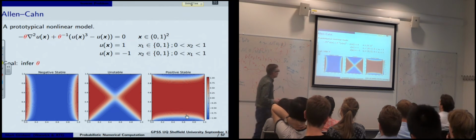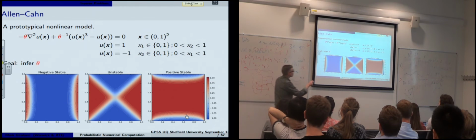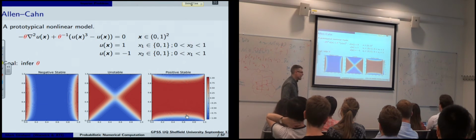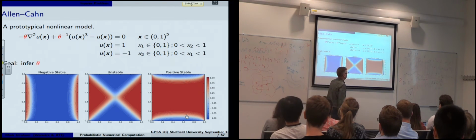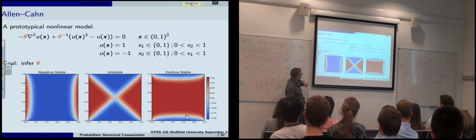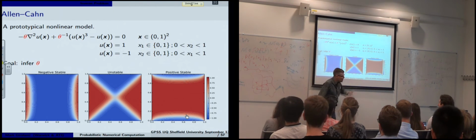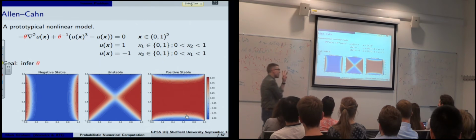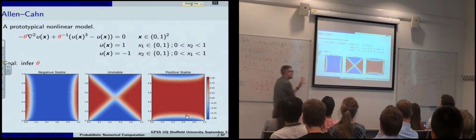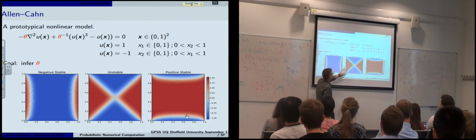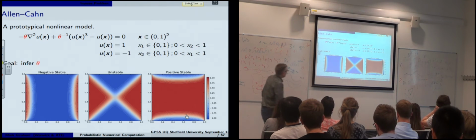Furthermore, because this is a nonlinear PDE, it doesn't have just one solution. In this particular example, we know that there are 3 solutions. So that means even more uncertainty, and we're going to account for that.